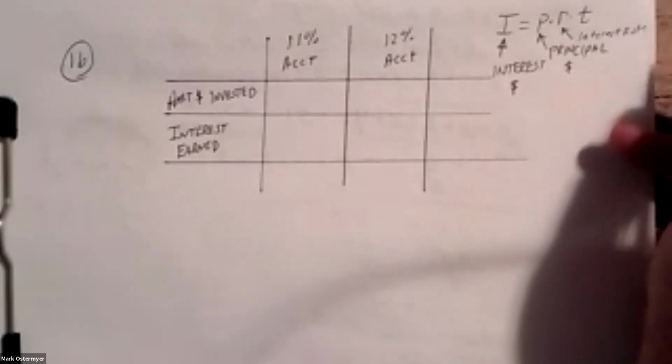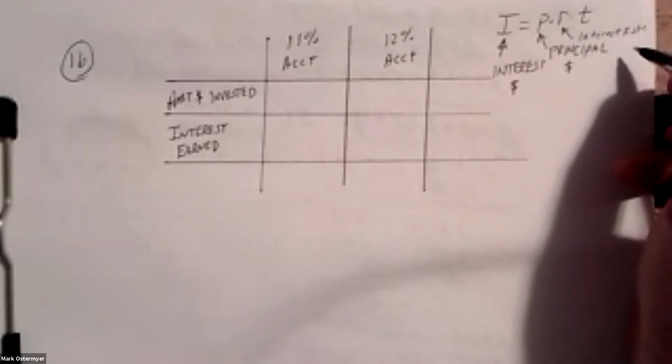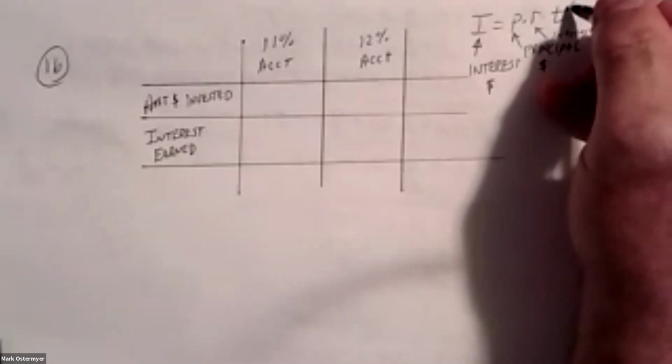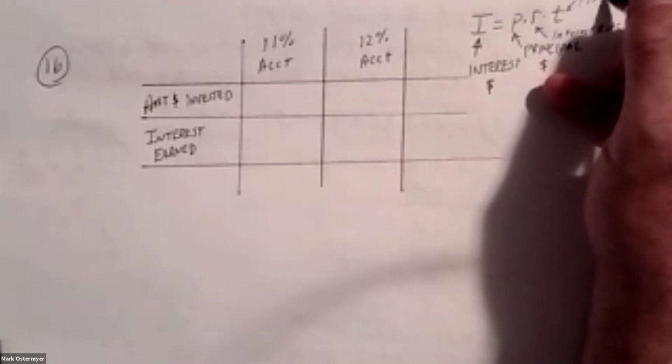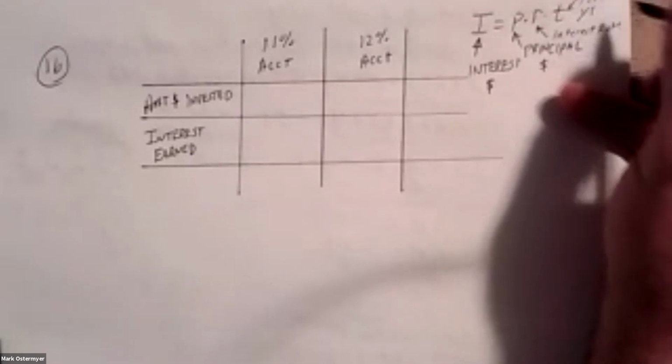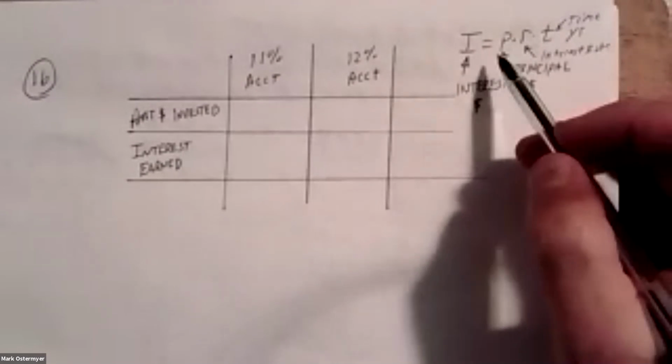Normally the interest rate comes at us as a percent, but we have to convert a percent to a decimal. T is time in years that we invest our money or we pay off debt. It's called the simple interest formula, used to compute the amount of interest you owe or the amount of interest you earn, depending upon whether you're paying on a loan or you're investing your money.